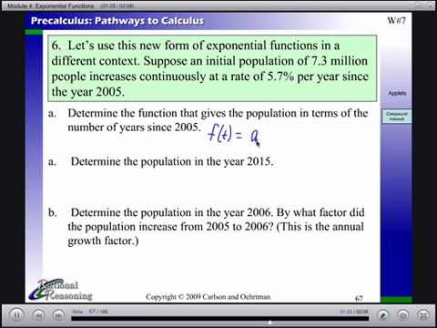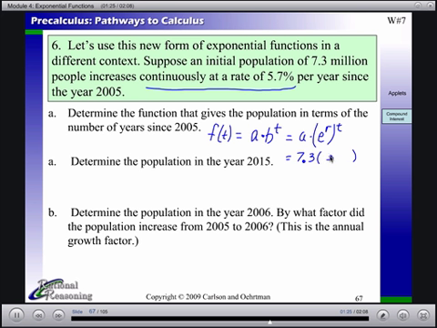In general it's going to be a times b to the t, or since it's telling us continuously at a rate, then we have a times e to the rt. So the question is, what is a? The initial value, 7.3.